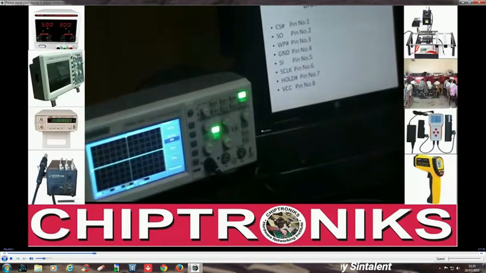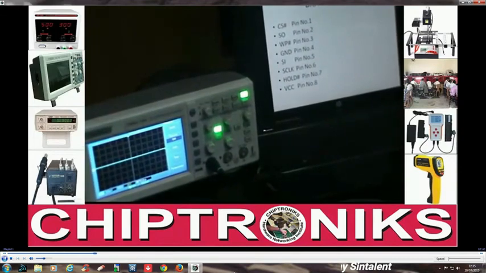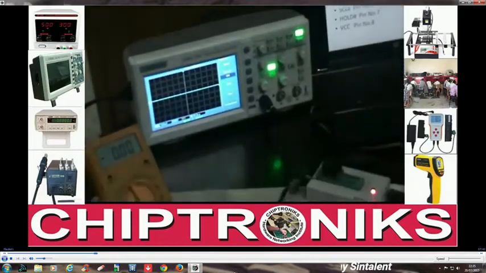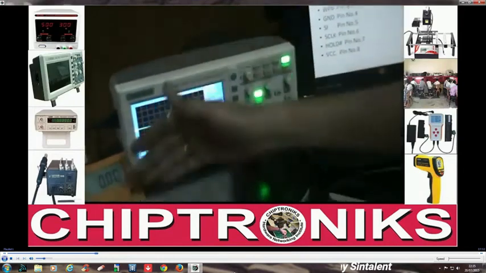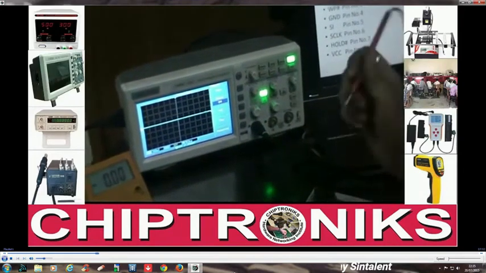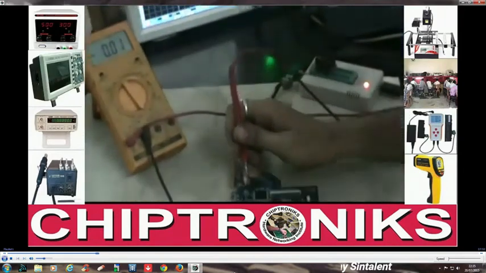This clock also comes from the IO IC. Clock and data we always need to check with the oscilloscope, not with the multimeter. But I'll show you, this is not actual testing.